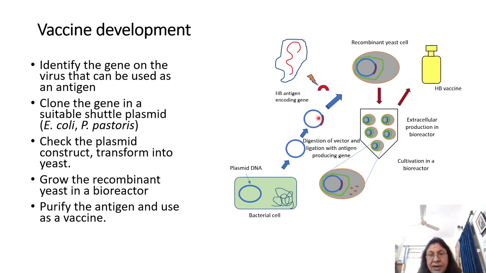So this recombinant vector is introduced now into a yeast cell, because eventually that is the production platform with which we are working. What is shown in this particular picture is a yeast cell, and it also contains its own chromosome, its own nucleus, the boundary of which is shown by this green circle here.